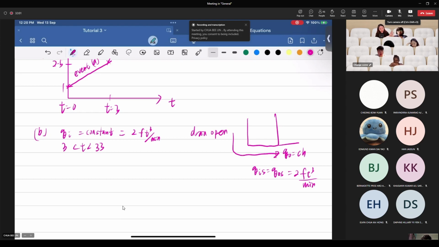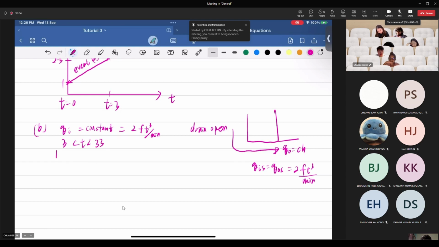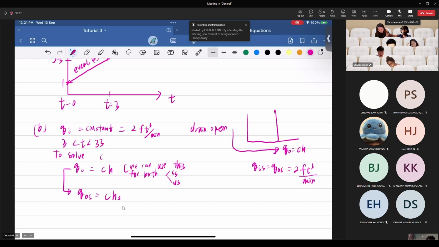Now to solve for C, you have Q0 equals to CH. This equation is valid during unsteady state and steady state, so we can use it for both. Now this equation changes to steady state, meaning the initial condition.